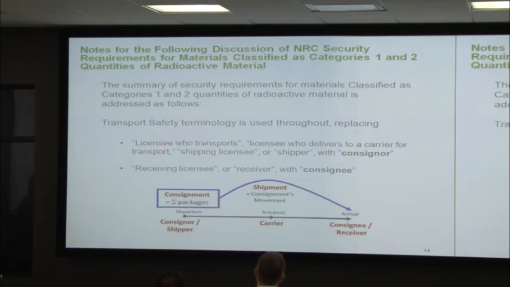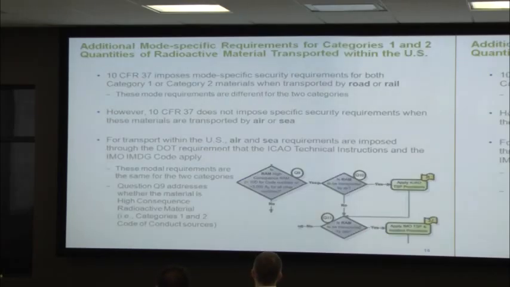A licensee who transports possibly could be the carrier, but in my mind, all of these end up being the consignor, the entity that originates the shipment. In addition, 10 CFR 37 talks about receiving licensee or receiver. They use those two terms interchangeably, and in what I've talked about, I've called them consignee, just to try to, in my mind at least, keep from getting confused with the multiple terminology that's used there.